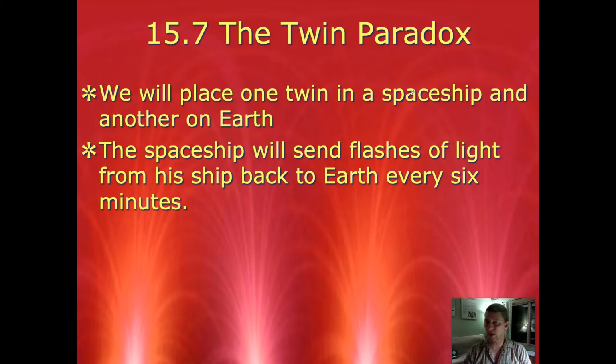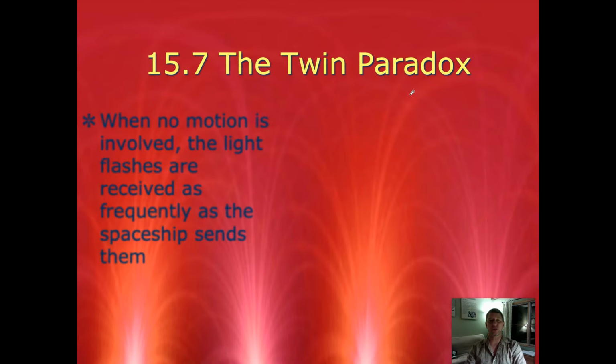Is that clear? The guy on Earth is just sitting there with his telescope, looking up into the sky. The spaceship is moving away from the Earth. Well, we'll see what the spaceship does. We'll talk about that in a minute. But the astronaut is sending a beam of light back to the Earth every 6 minutes. So how does this actually work?